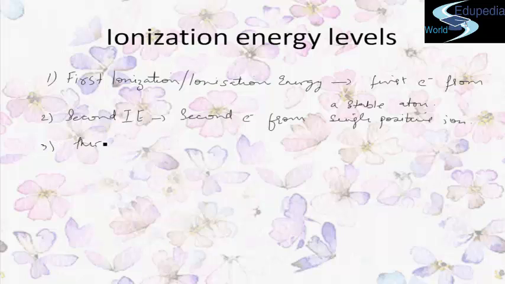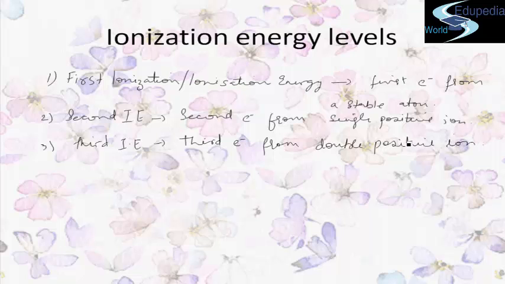And the third ionization energy is when we remove the third electron from the doubly charged positive ion. Friends, by this we can say that as we increase the positive charge on the ion formed, each subsequent ionization energy is higher than the previous one.